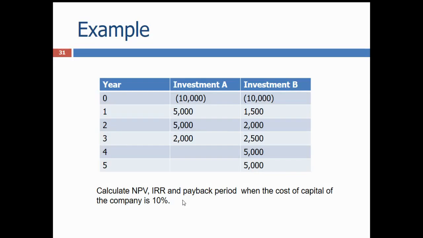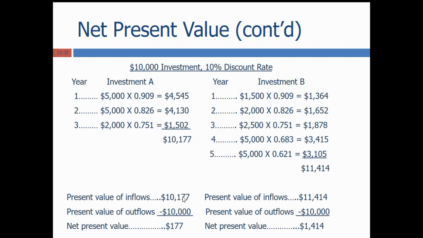Alright, so let's start with NPV. 5,000 for years 1, 2, 3. Year 1's cash flow times the discount rate for year 1. Class, these things you can actually get from the PV table, under 10%, year 1, year 2, year 3.